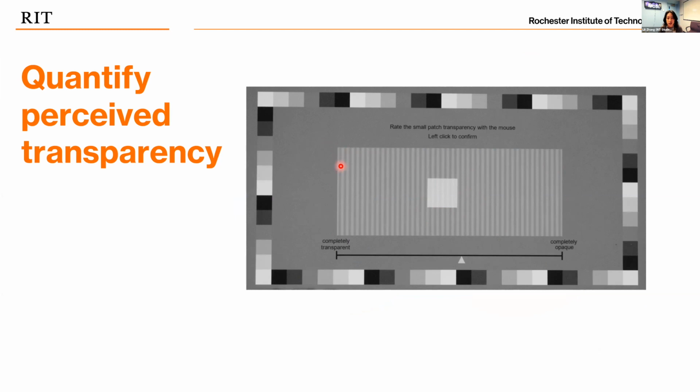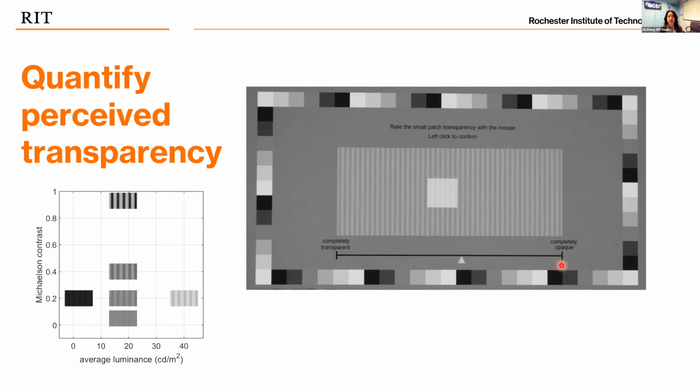We asked observers to rate the small square's transparency using a slider at the bottom, from completely transparent to completely opaque. We tested various combinations of AR luminance and background contrast, and the results showed that we can predict the AR patch transparency based on the information provided from the AR and the background.